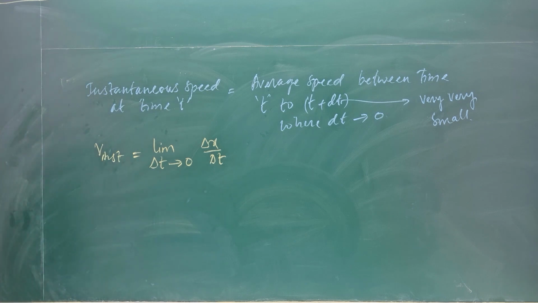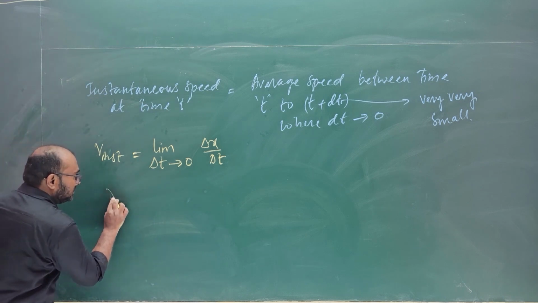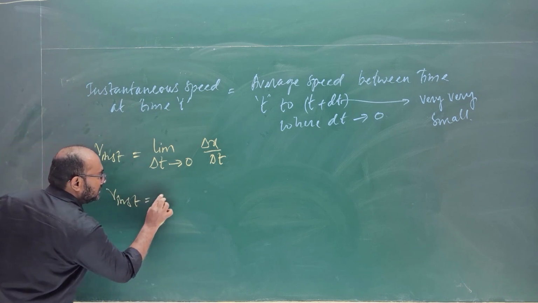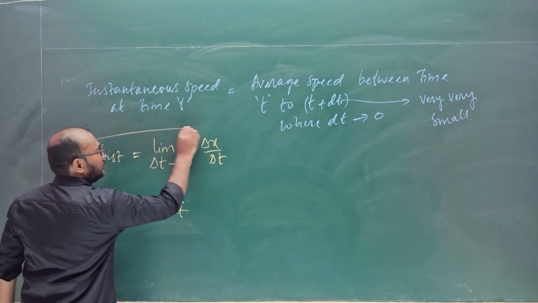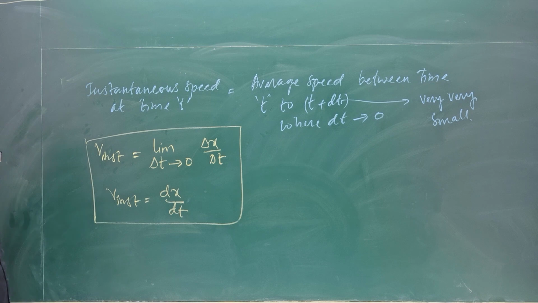Or can I also write it like this? V instantaneous is nothing but dx upon dt. This is the real meaning of instantaneous velocity. Write it down first.